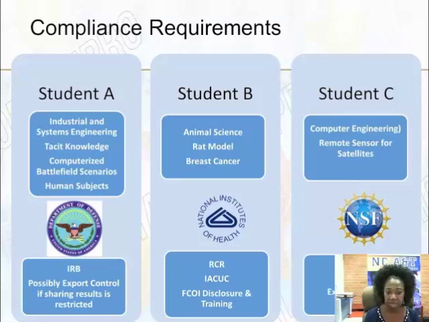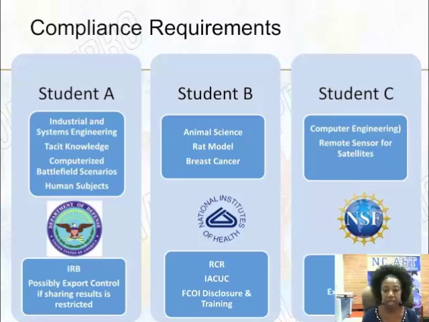Because human subjects are being used, the Institutional Review Board would need to approve the protocol. If it is funded by a federal agency, an example I have here is the Department of Defense, and the contract has a restriction for foreign nationals, then export control screenings may be involved.